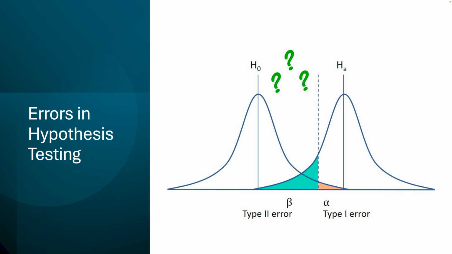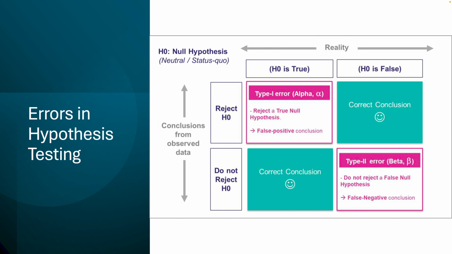Let us look at it in tabular form. There is a truth that we are trying to determine, the reality, and there is sample data which is giving us the evidence in support of or against the proposition.